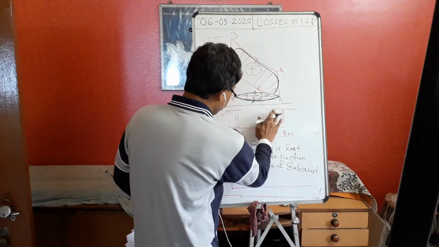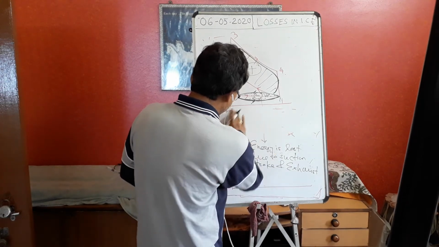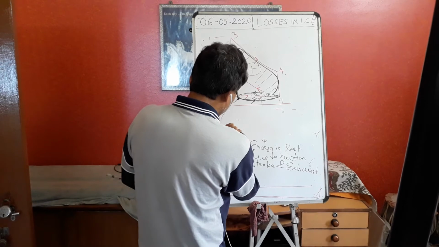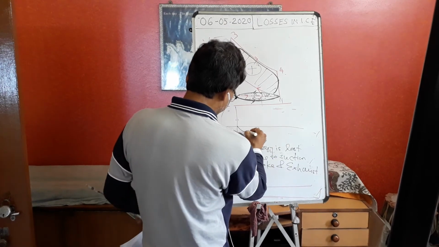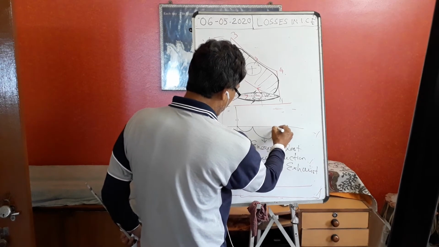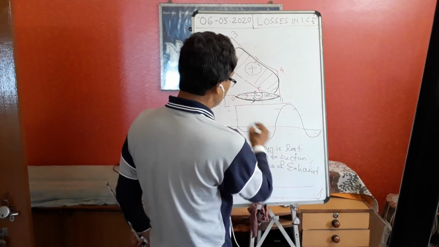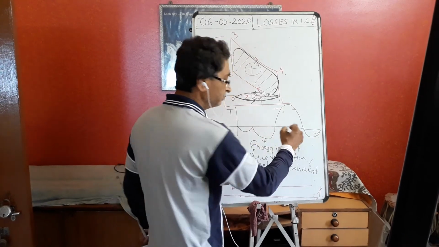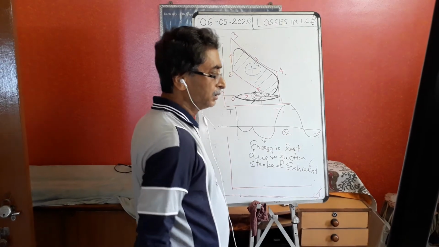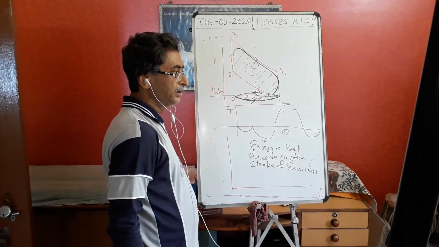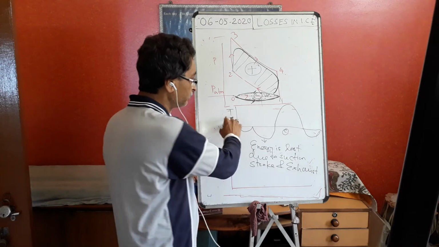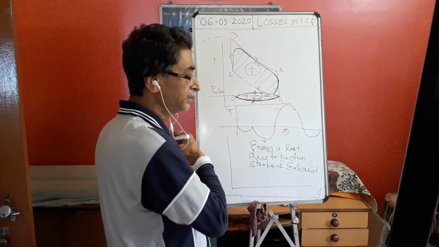Because in the exhaust stroke and suction stroke I need power. You can remember this diagram from dynamics of machines: suction, compression, then it produces power, then it exhausts again. This is called the torque versus theta diagram.